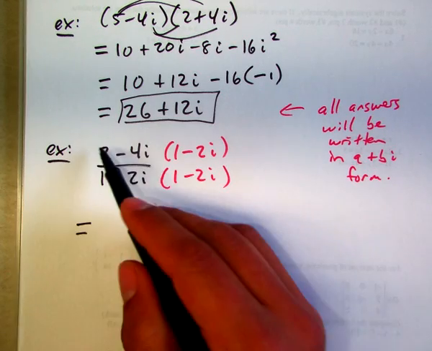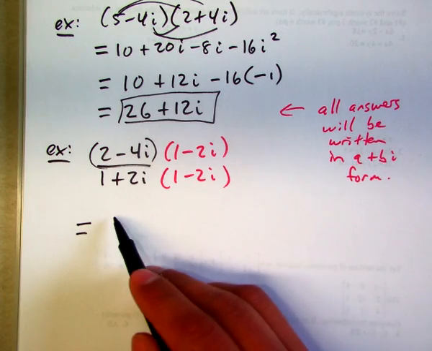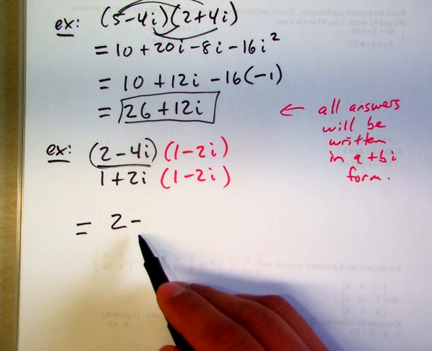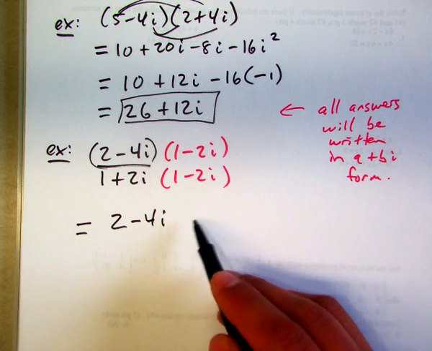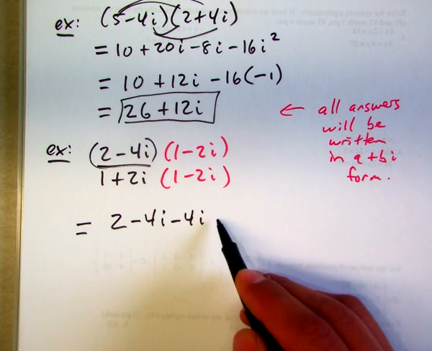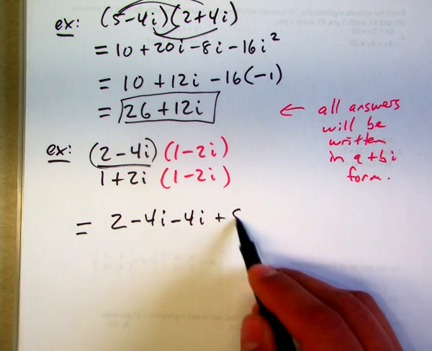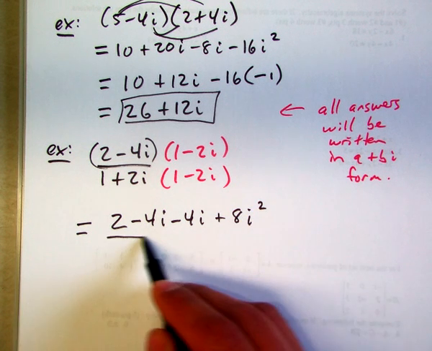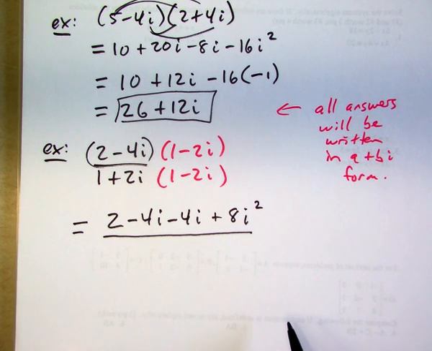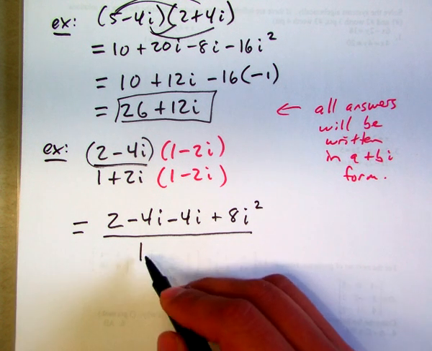Okay, so let's see. On top, what do we get? We get 2 minus 4i minus 4i plus, good. The denominator, 1, let's not skip that, but you're right.